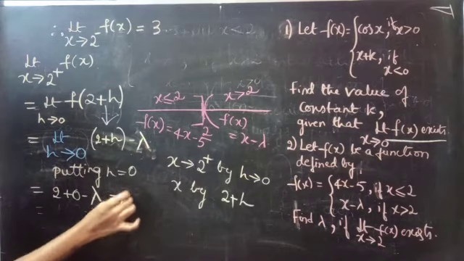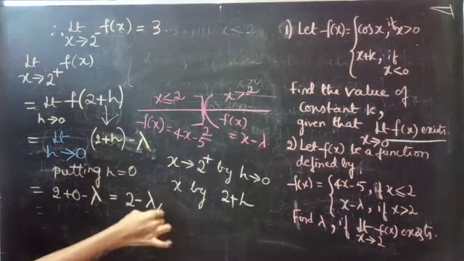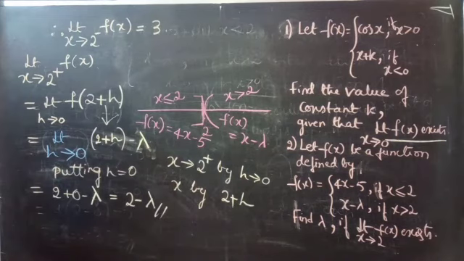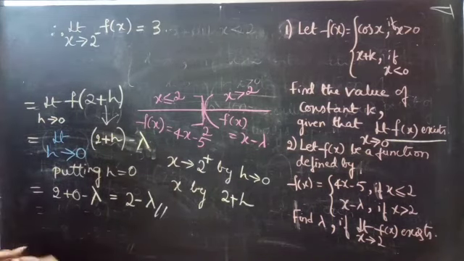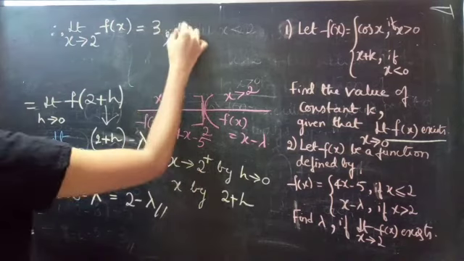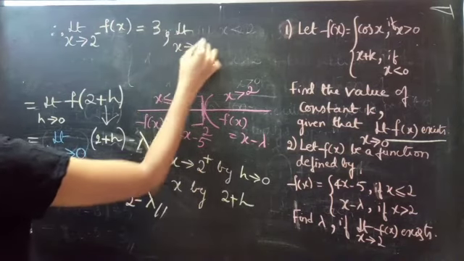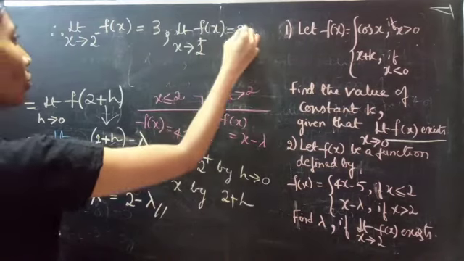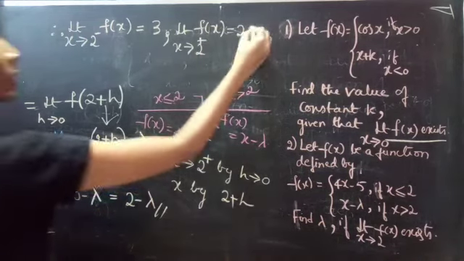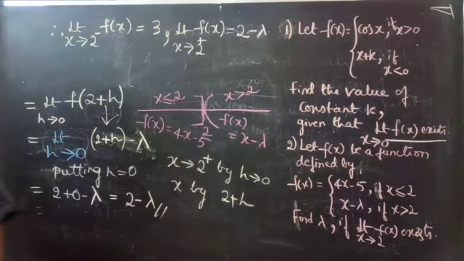So this equals 2 minus lambda. So the value of the right hand limit is limit x tends to 2 plus f of x equals 2 minus lambda.